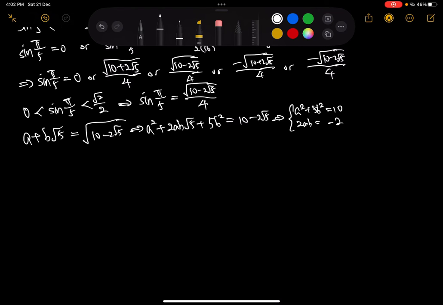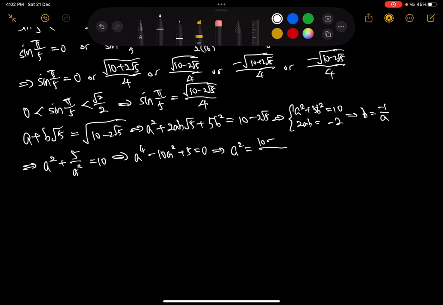Let me think about this really quickly, which means we have b equal to negative 1 over a, and then we have a squared plus 5 over a squared is equal to 10, which implies a to the power of 4 minus 10a squared plus 5 equals 0, which means a squared equals 10, 100 minus 4 times 5, over 2.